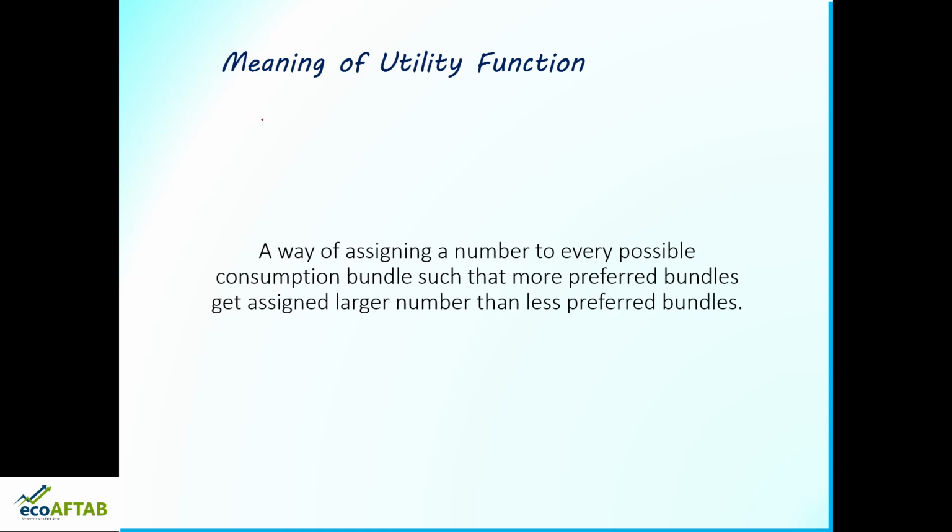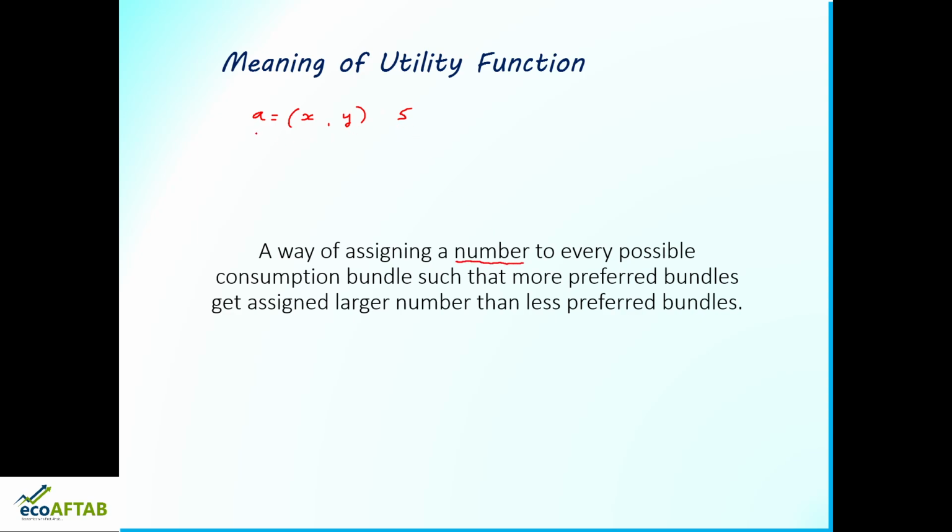If there is a bundle A with a certain amount of commodity X and a certain amount of commodity Y, and for this bundle I assign the value 5, it simply means that I am giving a number to my preference for bundle A, and that number is 5.